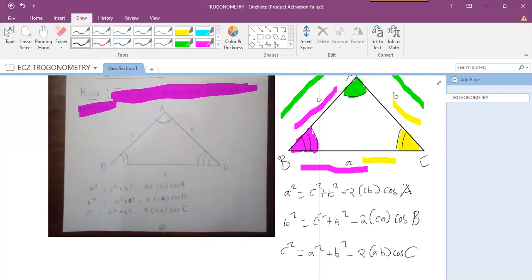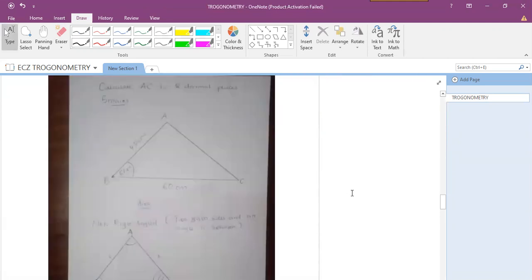If it's the sine rule, you're going to have at least 2 angles. If it's the cosine rule, you're going to have a triangle which has got 1 angle inside and 2 given sides all the time. Let's do a practice question so that you see this in action.